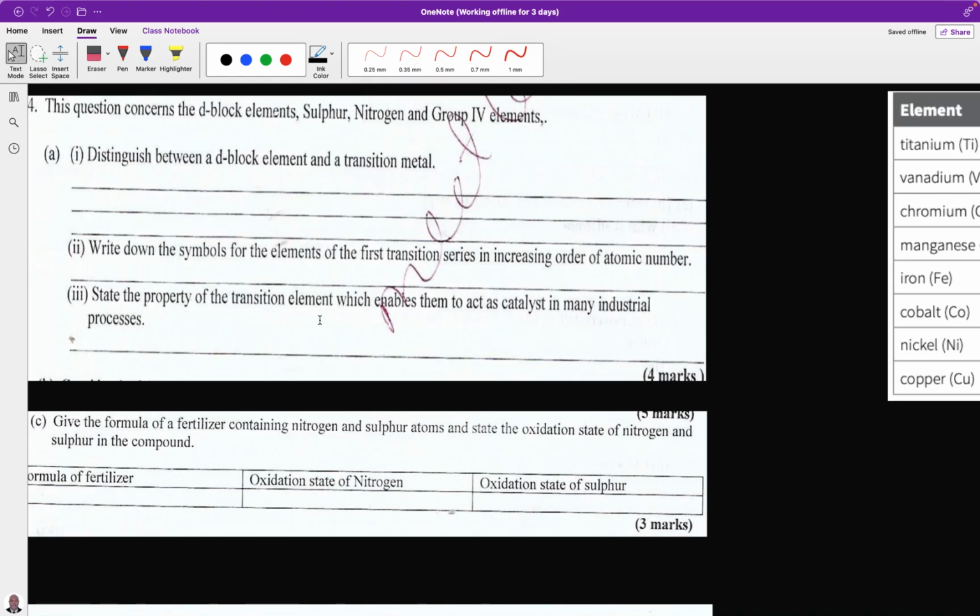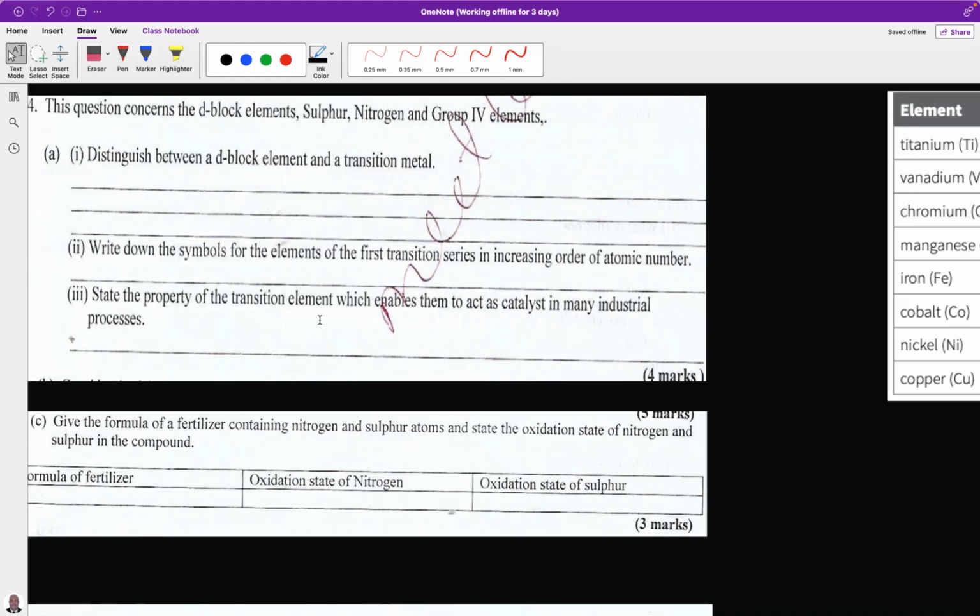You should know that a catalyst in a chemical or industrial process, their major role is to lower the activation energy of a chemical reaction. In any chemical setting, the main role of a catalyst is to lower the activation energy. For that purpose, the property that enables them to act as catalysts in many industrial settings is that they have variable oxidation states.